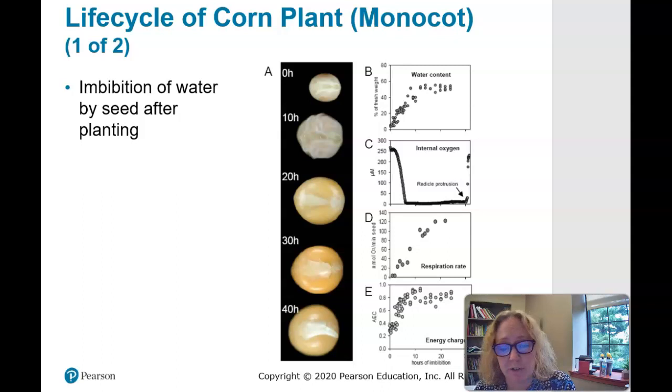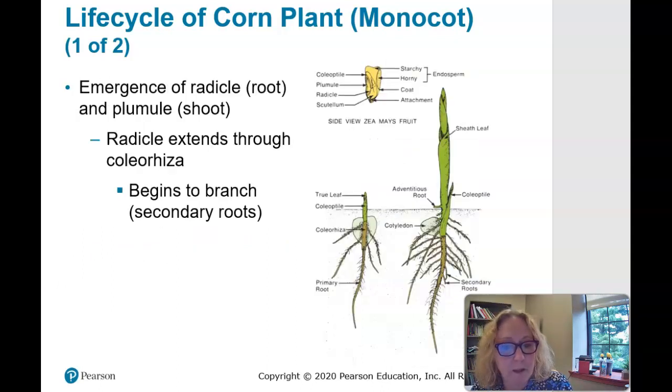The first thing that happens, we're going to start with the monocot, is it takes in water and it swells. So this is 0 hours, this is 40 hours after it's been planted or germinated in water. You're going to see that it's going to increase its water content. It's going to start to create oxygen and it's going to increase its respiration rate, and all kinds of magical things are going to happen to the plant once you start germinating its seed.